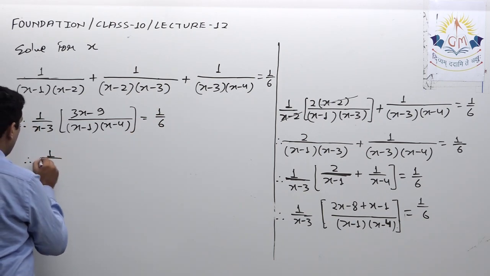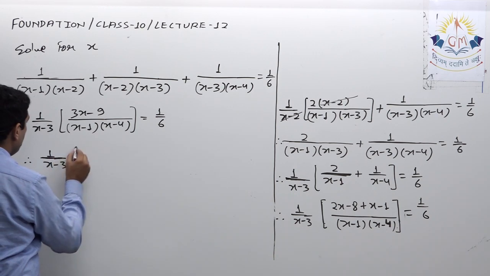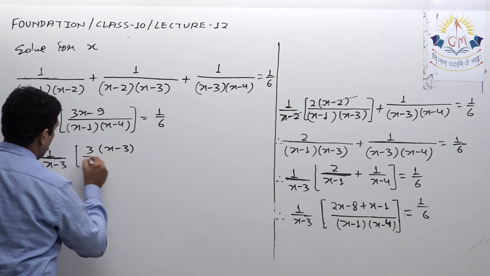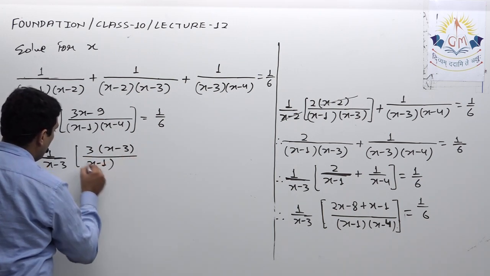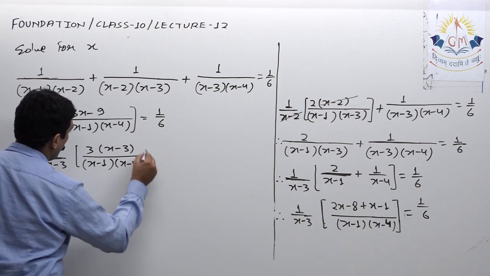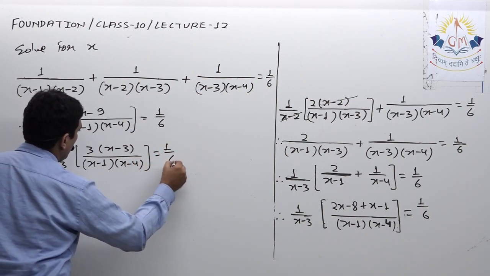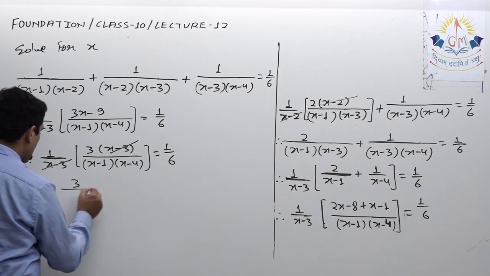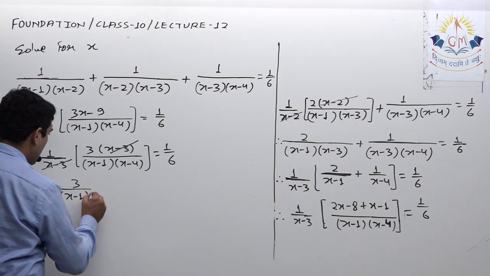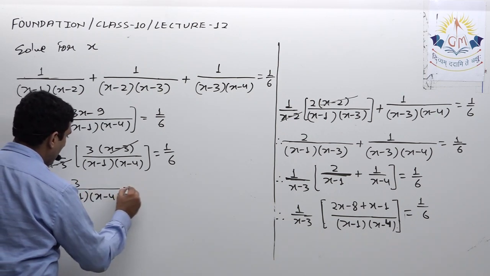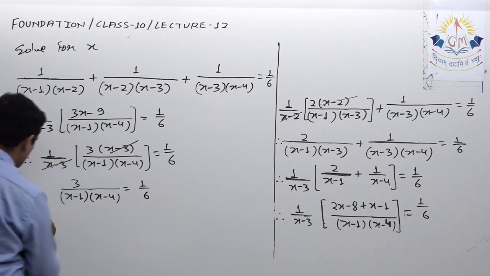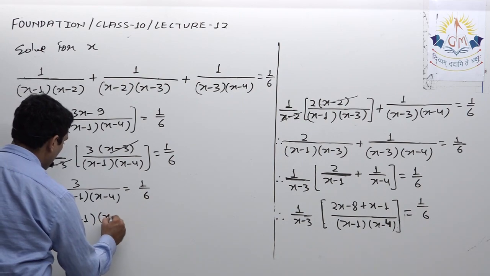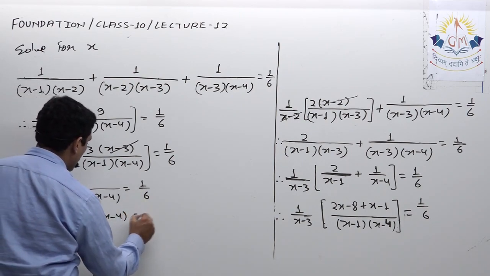Therefore 1 upon x minus 3, now here I can take 3 common, so x minus 3 divided by x minus 1 into x minus 4 is equal to 1 upon 6. This x minus 3 and this x minus 3 cancel out. So now I have 3 upon x minus 1 into x minus 4 is equal to 1 upon 6. Therefore I have x minus 1 into x minus 4 is equal to 18.